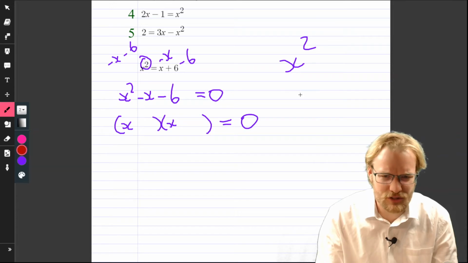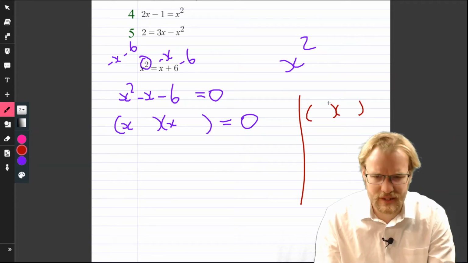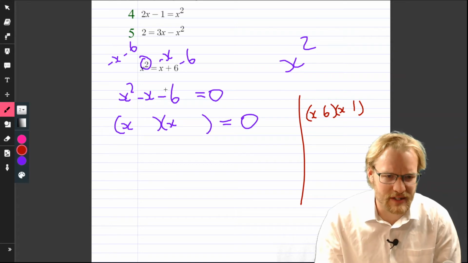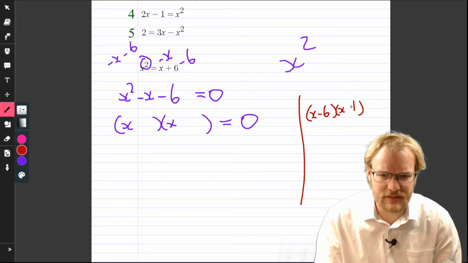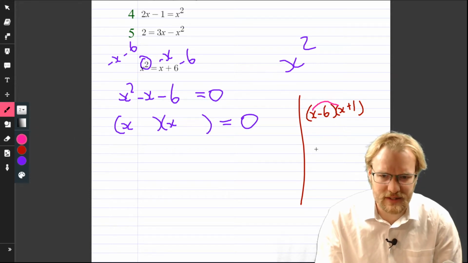So let's just do one here to see one that won't work. If we said x, x, and we said 6 and 1, we could multiply and get negative 6. So negative 6 times positive 1. Looks like it should be fine. X times x gives us x squared. Good so far. X times 1 gives us 1x.